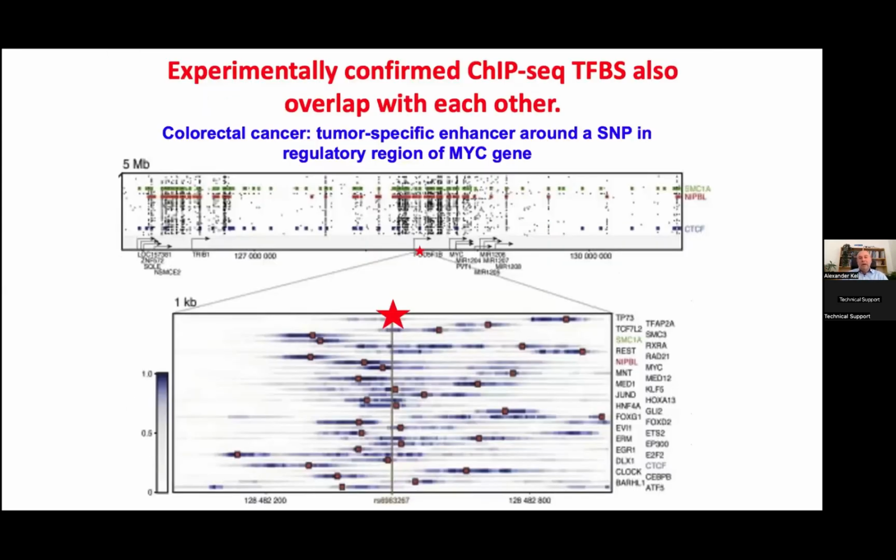Okay. And that can actually even be observed in experiments. For instance, you see here a bigger region of the genome. It's hard to read, but here is the MYC gene, and here, marked by this star, there is one SNP which is known to be correlating with predisposition to colorectal cancer. And it appeared that this SNP is actually located in what we call a super enhancer, which is occupied, and that's experimental data.